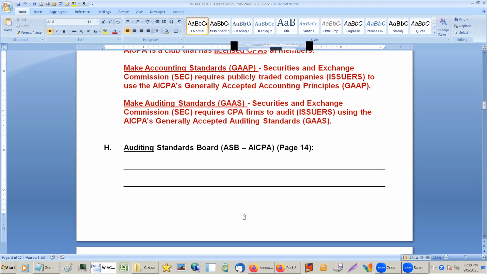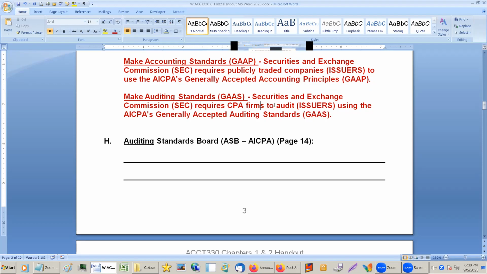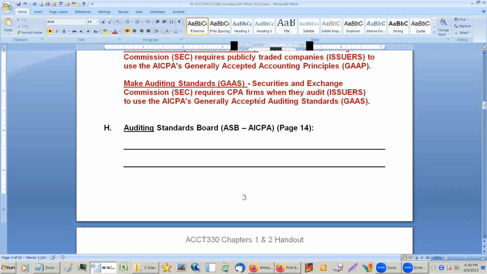The Securities and Exchange Commission requires CPA firms, when they audit issuers, to use generally accepted auditing standards.